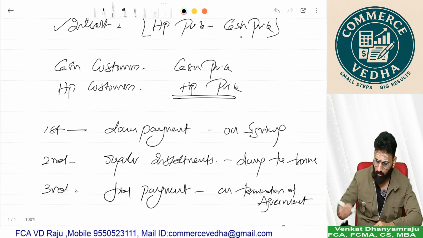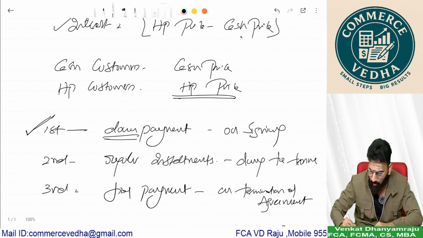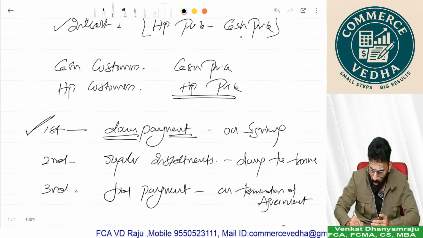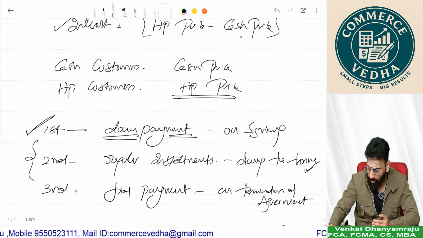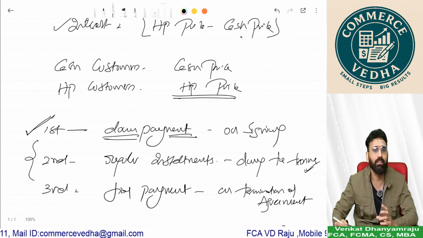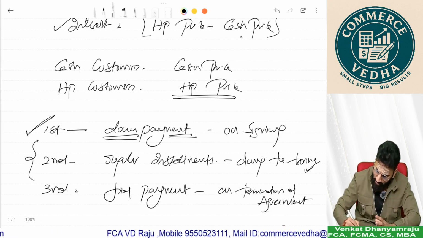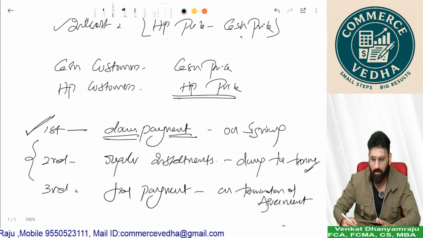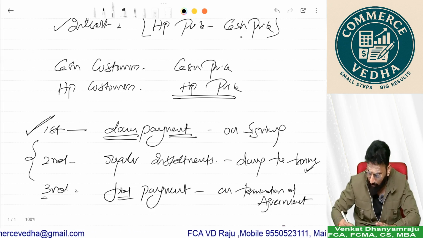Right. So this is on the first day. When you enter into the agreement, you have to pay some signing amount, down payment, and after that, during the tenure, you have to pay interest plus cost called EMIs, or we can say installments, which includes cost and interest during the tenure of the hire purchase agreement. And finally, at the end of the tenure, you have to make a final payment.